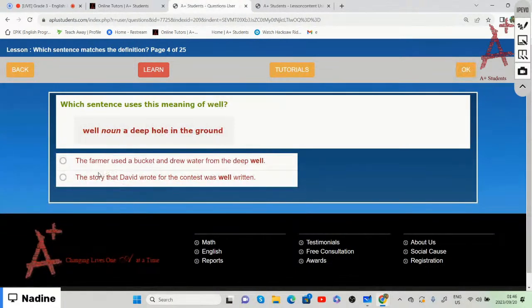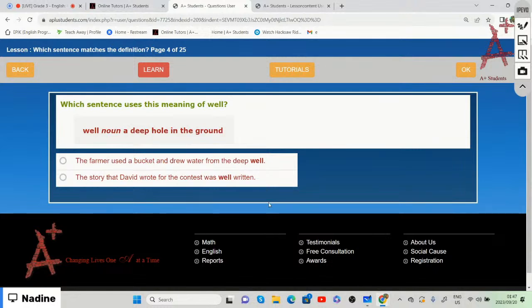And then which sentence uses the meaning of well, which is a deep hole in the ground? All right, so deep hole in the ground. The farmer used a bucket and drew water from the deep well, or the story that David wrote for the contest was well written.